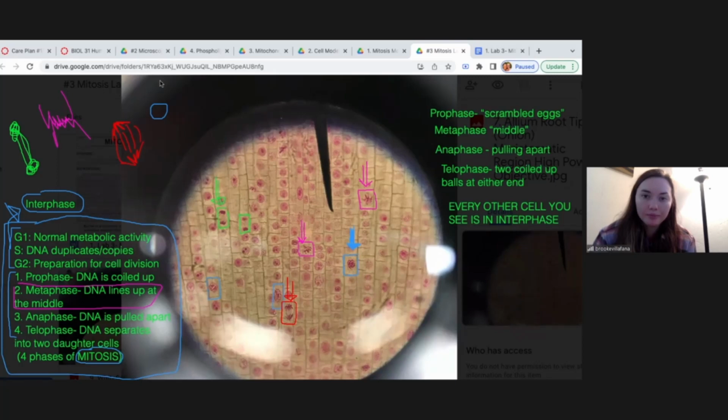Good. So right away, can we all agree that like 99% of the cells are probably in interphase, right? And not as many are in prophase, metaphase, anaphase, and telophase. Yes?